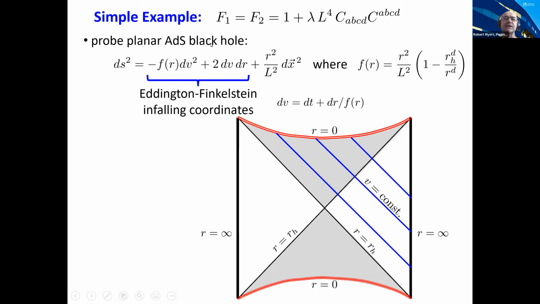As I hinted, I'm going to use this to probe a planar AdS black hole, and I've written down the metric here. This is the usual blackening factor, but I've written it in infalling or Eddington-Finkelstein coordinates.